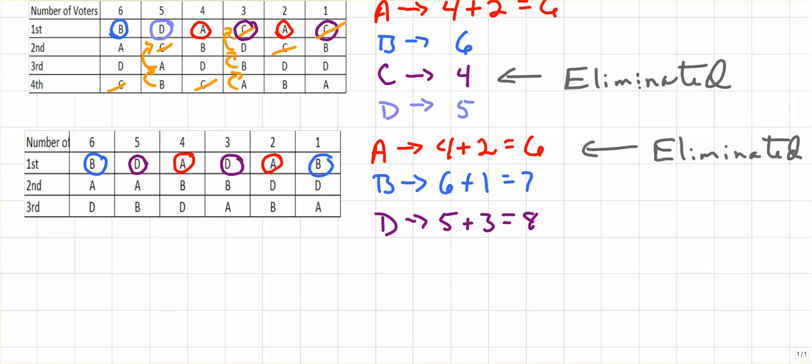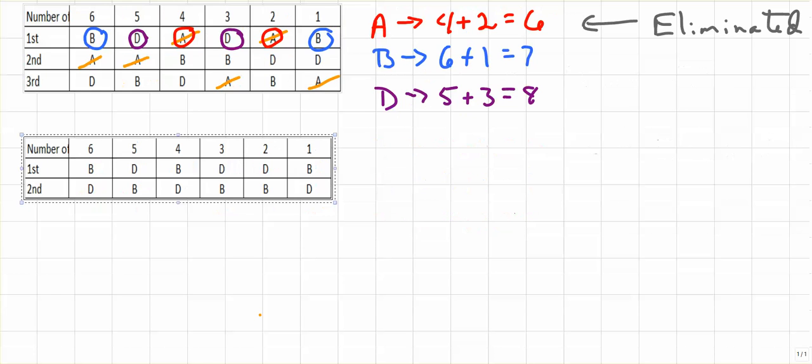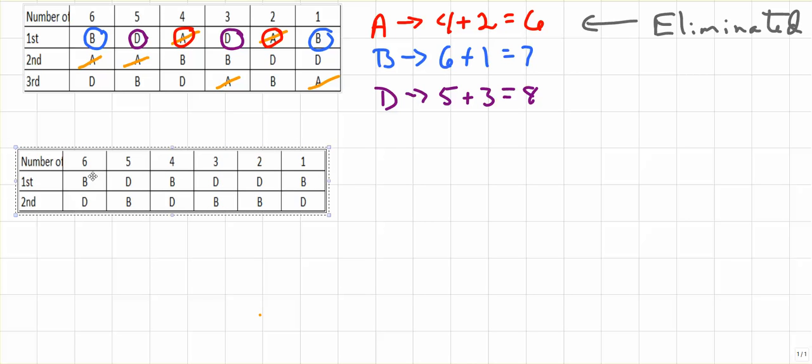And we will do the same thing that we did in the previous two tables. A will be eliminated in all 5 columns. And now we're going to compare simply B and D. So we look at B, there, there, and there.